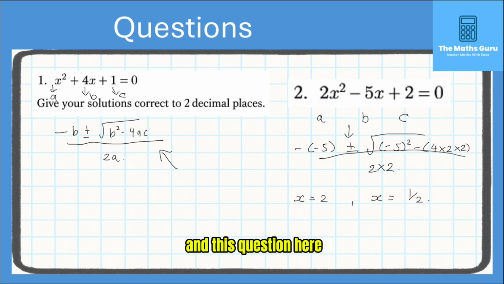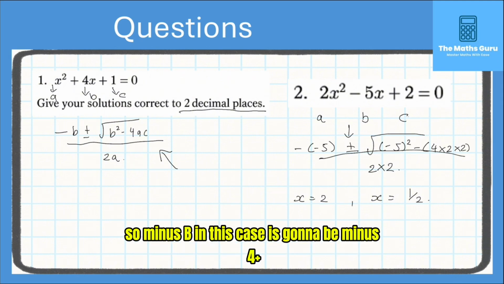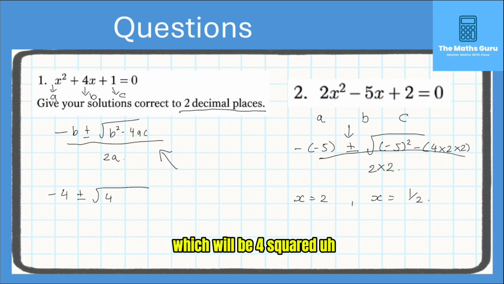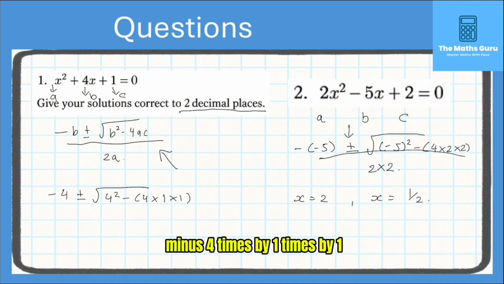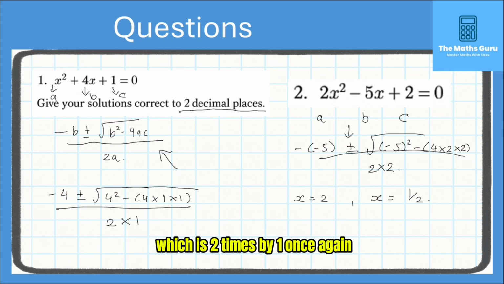And this question here tells us to solve to two decimal places. So minus b in this case is going to be minus 4 plus or minus the square root of b squared, which will be 4 squared, minus 4 times 1 times 1 again, divided by 2 times a, which is 2 times 1.